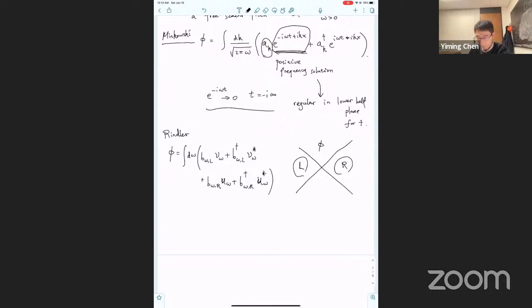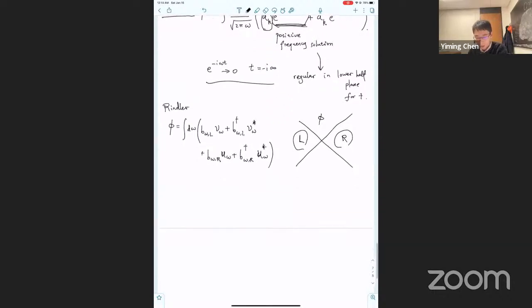So because we have both the left wedge and the right wedge, we have two sets of modes. So let me explain. The B left and B left dagger are the annihilation and creation operators to annihilate and excite the particle that is in the left Rindler wedge. And similarly for these two operators.